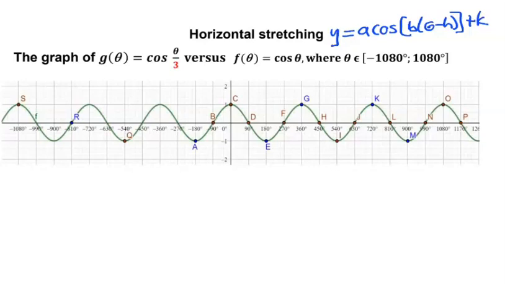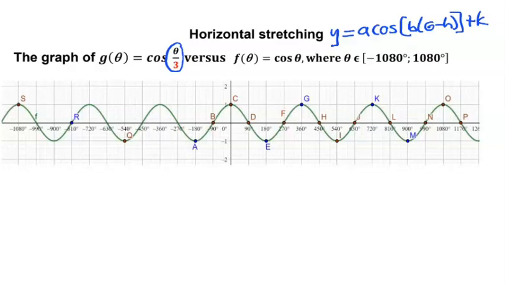Let us look at horizontal stretching. In this case, when we look at theta over 3, we see that whenever we take a theta value, for instance, if I take 180 degrees, what happens at 180 degrees previously happened at 180 divided by 3, which is 60 degrees.